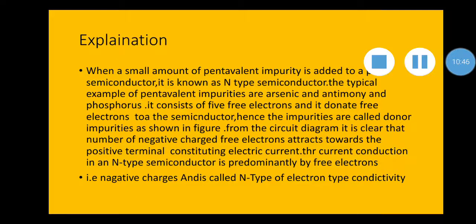The current conduction in the N-type semiconductor is predominantly by free electrons, that is negative charges, and is called N-type or electron type conductivity.